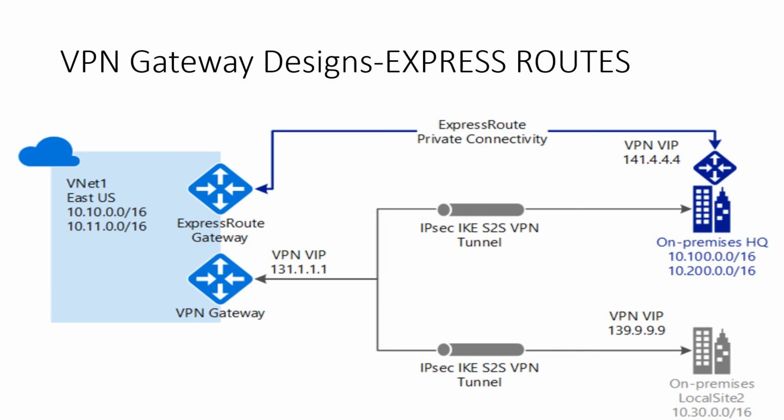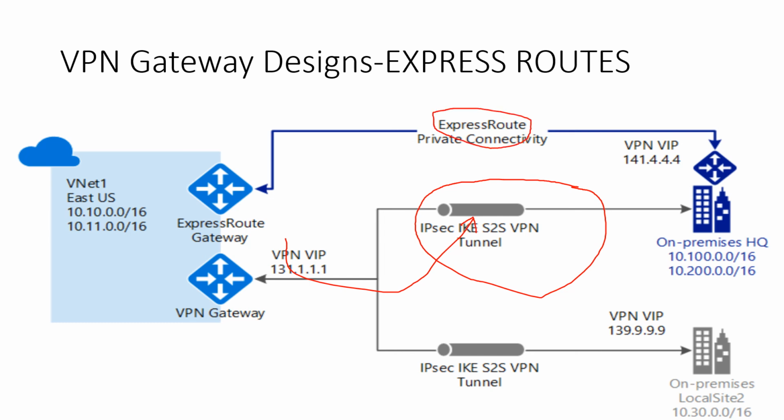So it's a failover connection for you. Suppose there is a circuit failure on your ExpressRoute, then traffic from your virtual network on Azure, or vice versa, will traverse through this tunnel. So it can be used as a backup for your ExpressRoute.